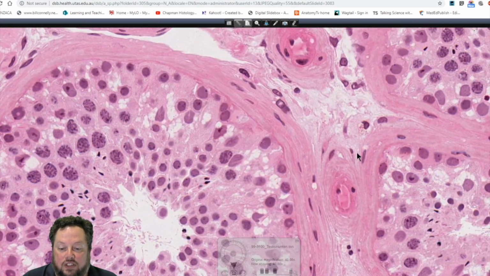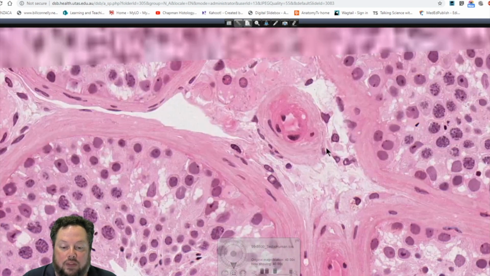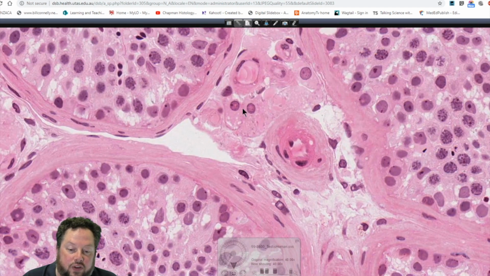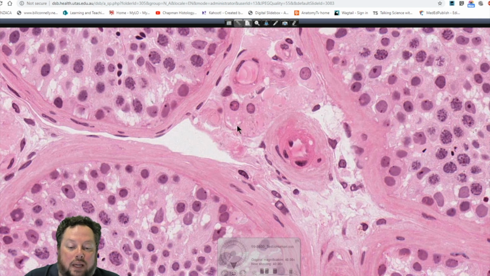Out here we've got the interstitium. We can see the blood vessels within the interstitium, and then these very big pink puffy cells, these very acidophilic cells, you might be able to see some of the holes within the cytoplasm. These are our interstitial endocrine or Leydig cells. They have lots of lipids because these are steroid producing cells. Testosterone takes its origin from cholesterol, and therefore it's steroid producing.